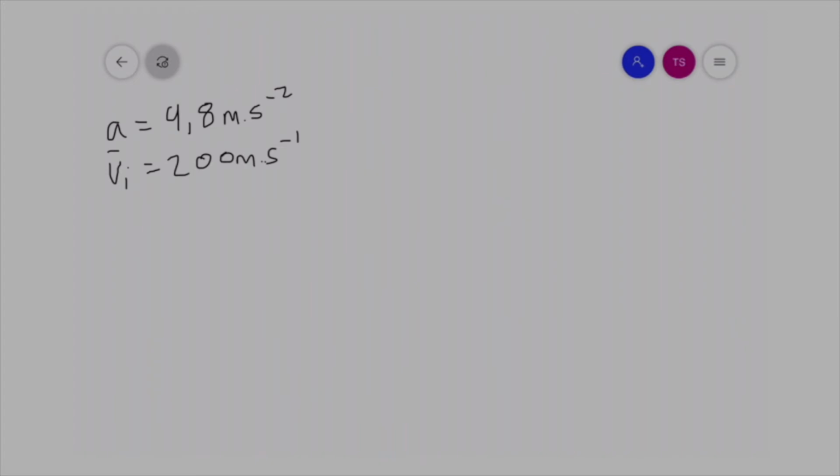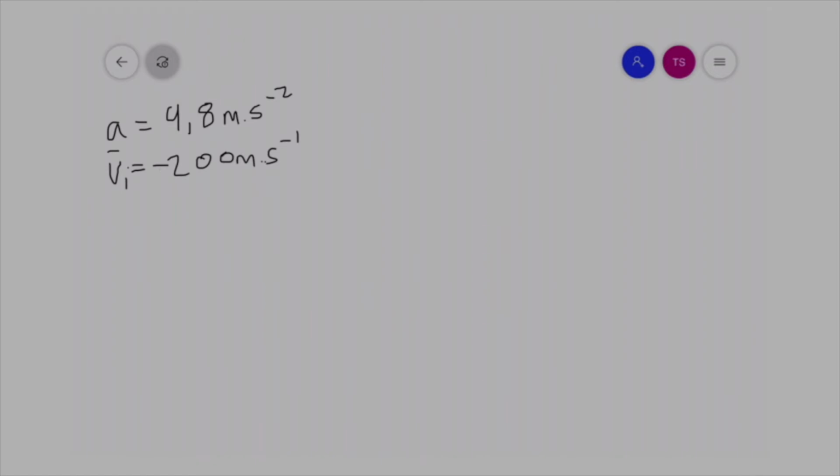Of course, we are missing the direction of our velocity. Now, is it moving up or down? It is moving up, but then they said we must choose the downward position as positive, meaning our initial velocity will be negative 200 meters per second, right?